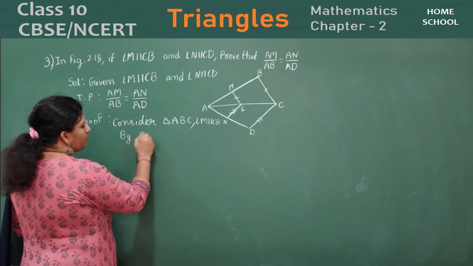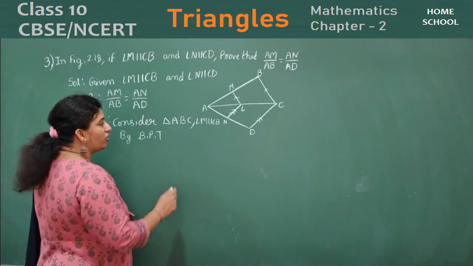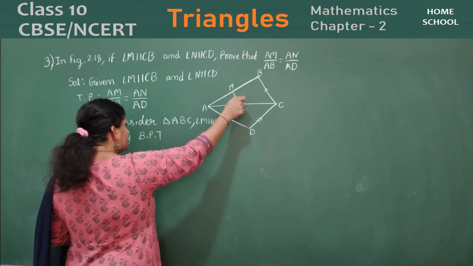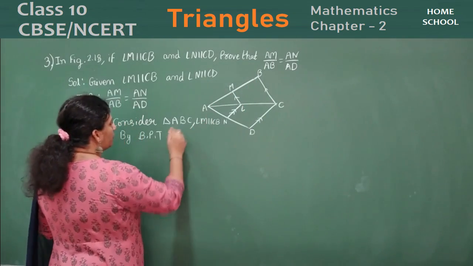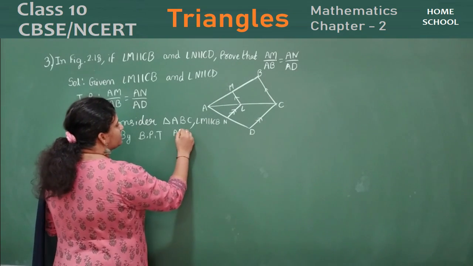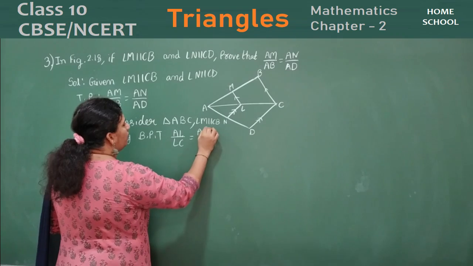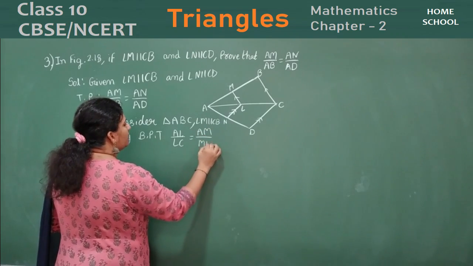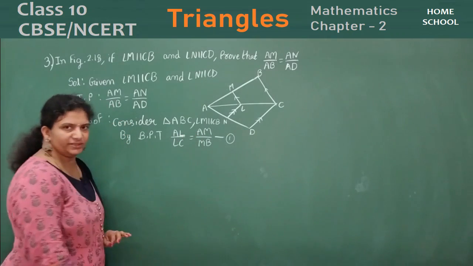By basic proportionality theorem or Thales theorem, what can you say, children? If this line is parallel to this line, then these two sides are in proportion. That means AL by LC is equal to AM by MB. Mark it as first equation.